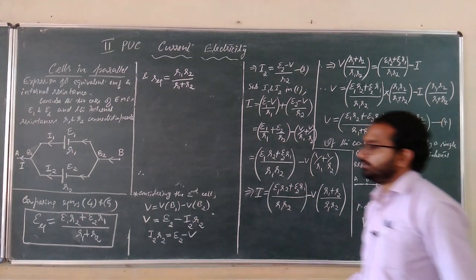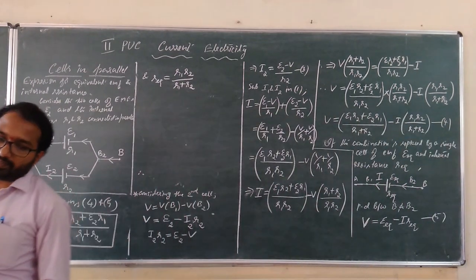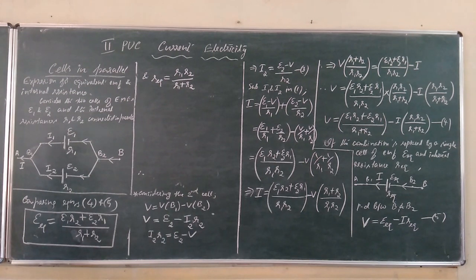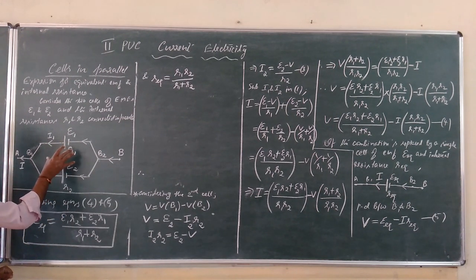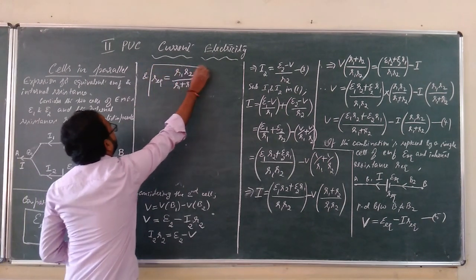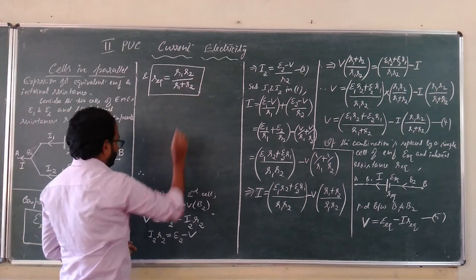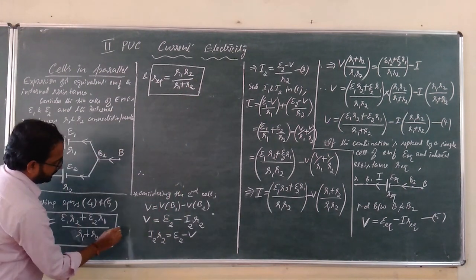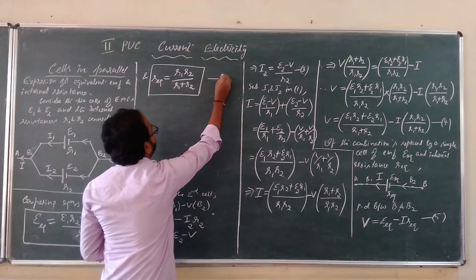That is the equivalent value of EMF and internal resistance of the two cells which are combined in parallel. Say this is equation 6 and this is 7.